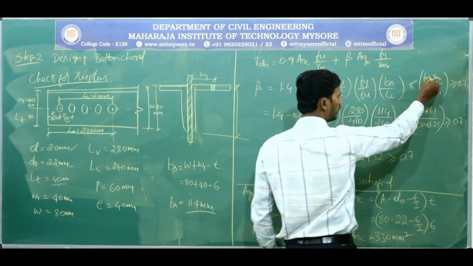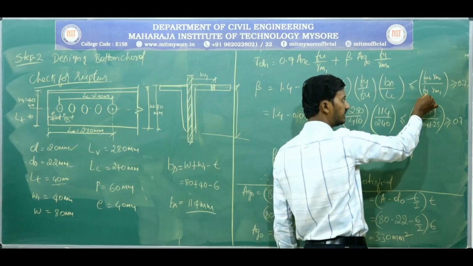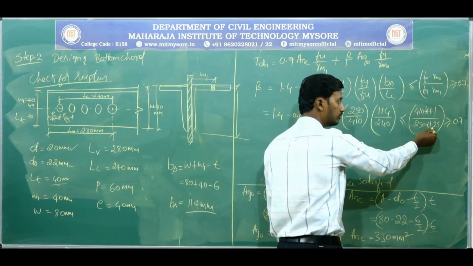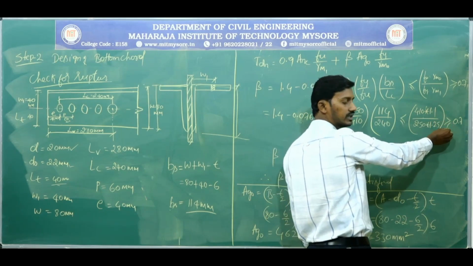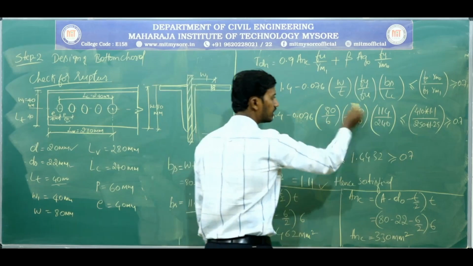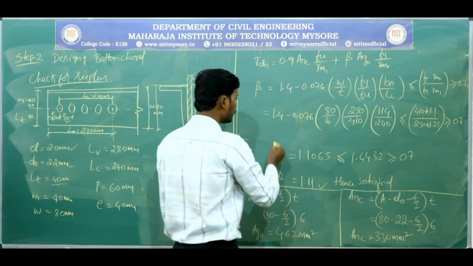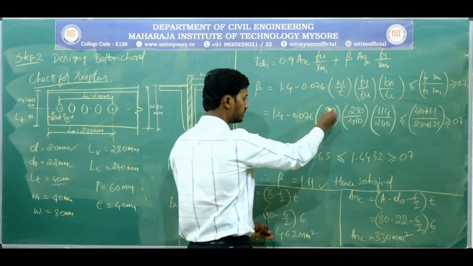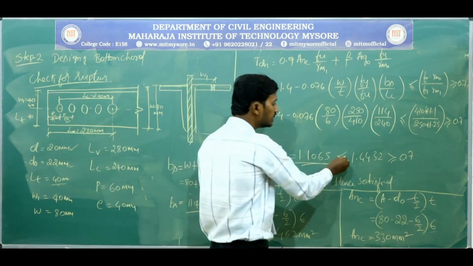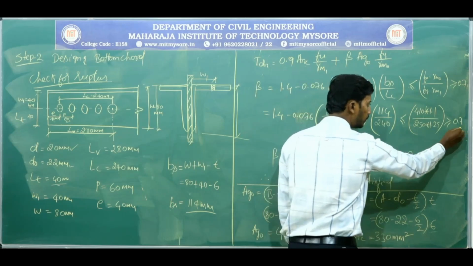should be less than or equal to Fub, that is ultimate strength of the bolt to the factor of safety, divided by yield strength to the factor of safety. It is 410 into 1.1 divided by 250 into 1.25, should be greater than or equal to 0.7. If you put the available information into this equation, 1.4 minus 0.076, if you solve this, we are going to get the value as 1.1065, less than or equal to 1.44, that is this term, and greater than or equal to 0.7.